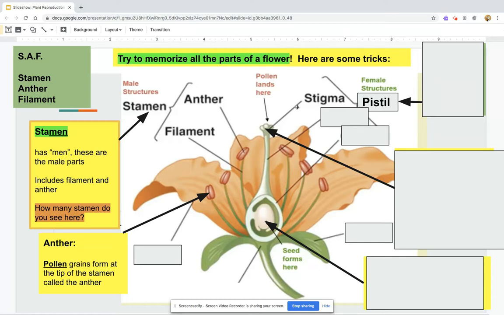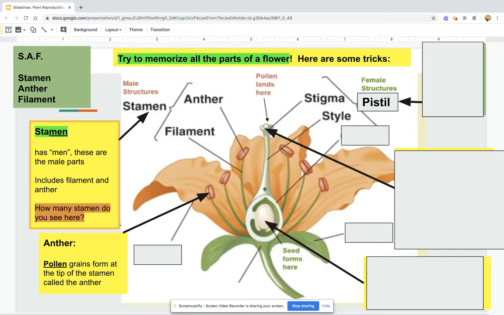Okay, in other words, pollen from another flower will land on the stigma, and then the pollen grain, if the pollen grain is accepted, it'll send down a tube through this part, this stalk of the female structure, and that's called the style, right?